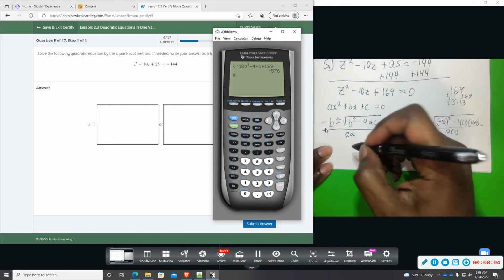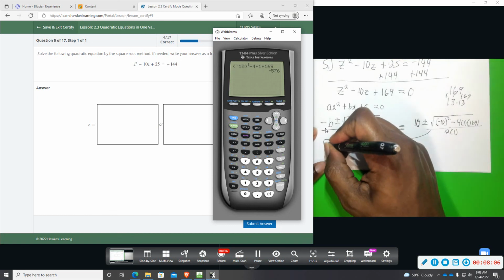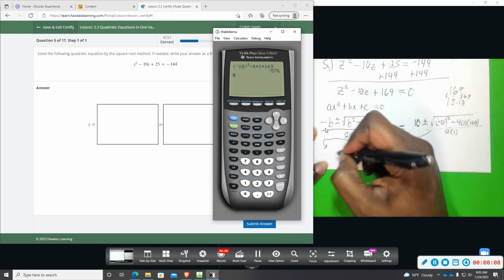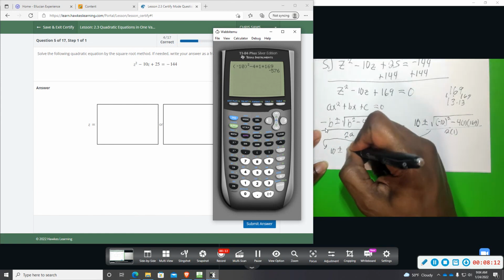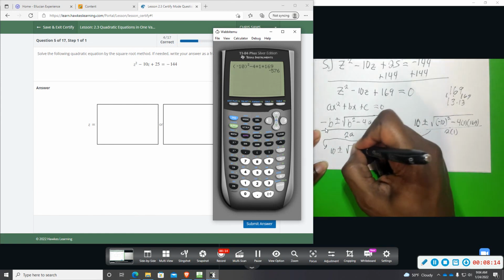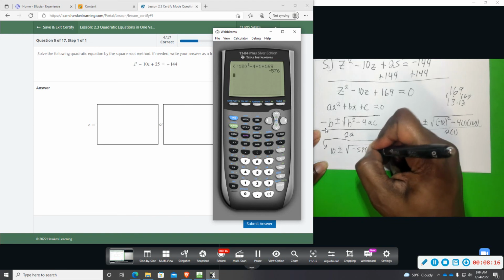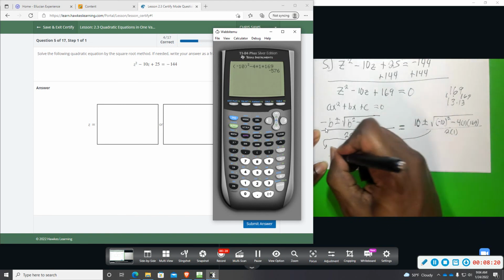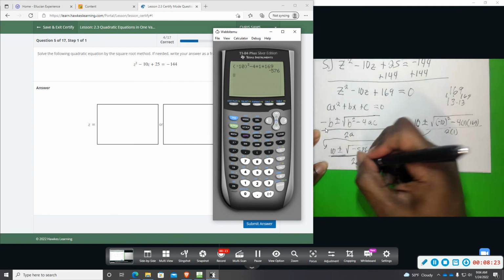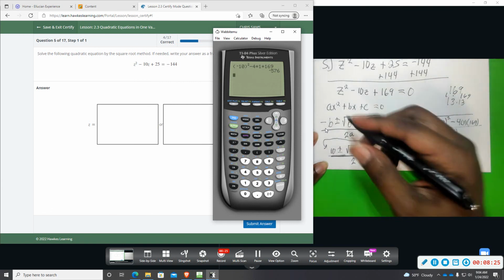I'm wrapping around here. I'm going to keep working left to right. So I have a positive 10 plus or minus square root of negative 576 all divided by 2, because 2 times 1 is going to give us 2.